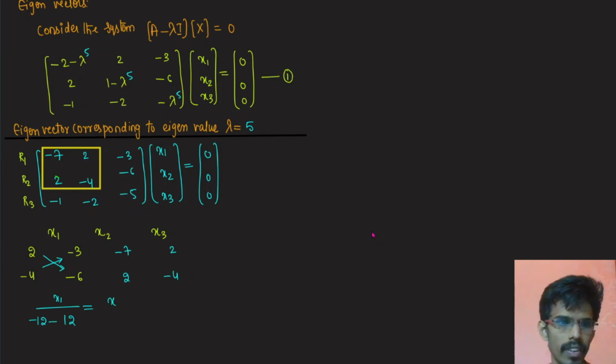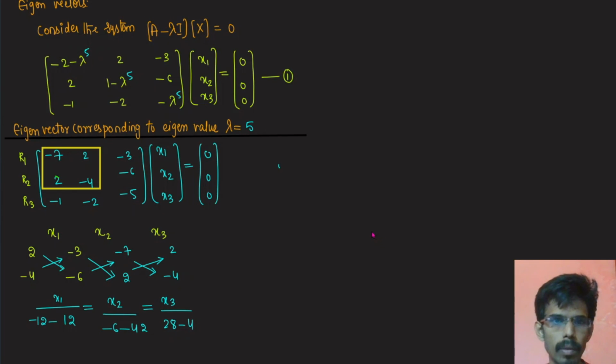Next we have x2, apply AD minus BC here. 3 into 6 is minus 6, minus 6 sevens are 42. Then we have x3, apply AD minus BC, 7 into 4 will be 28 minus 4.